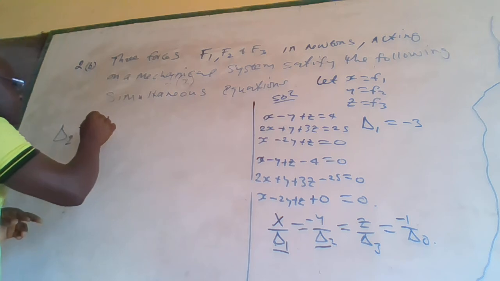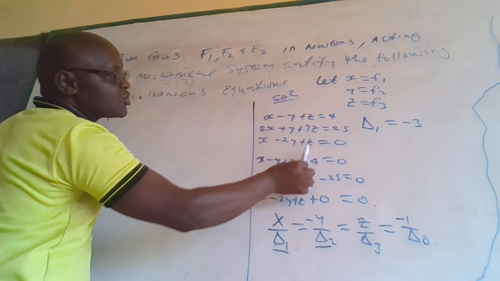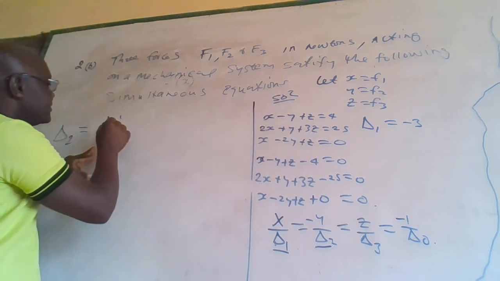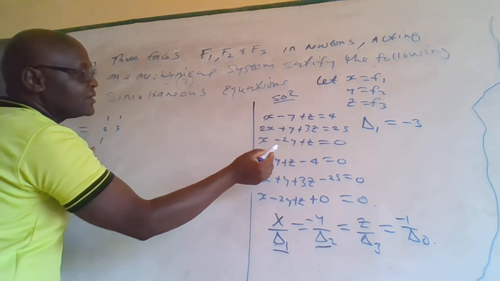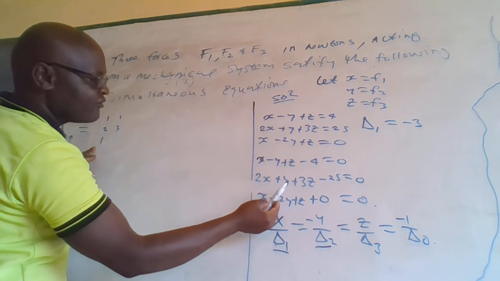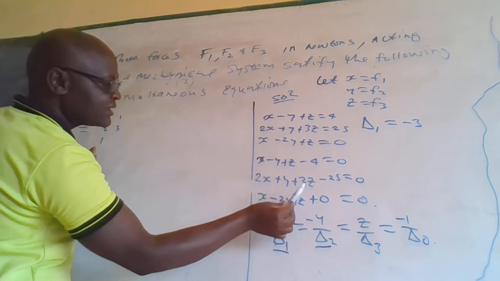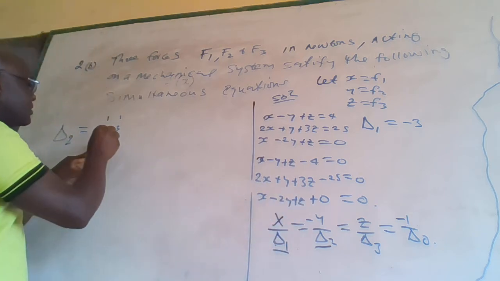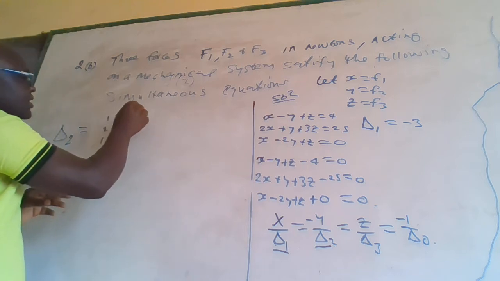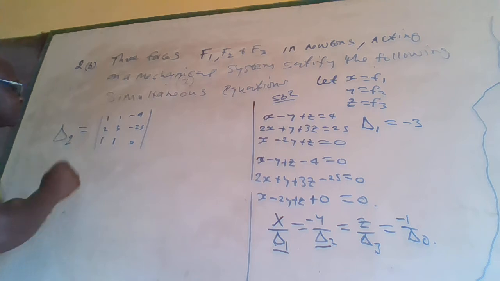Those are the coefficients of X. Then the coefficients of Z, we have 1, 3, and then 1. Then the coefficients of the constants, we have negative 4, negative 25, then we have 0.